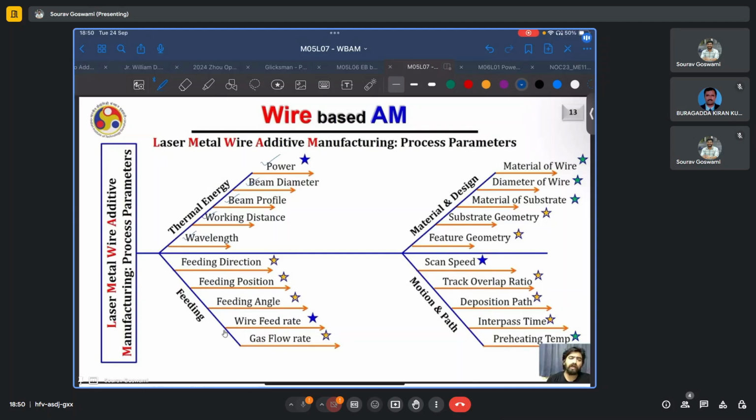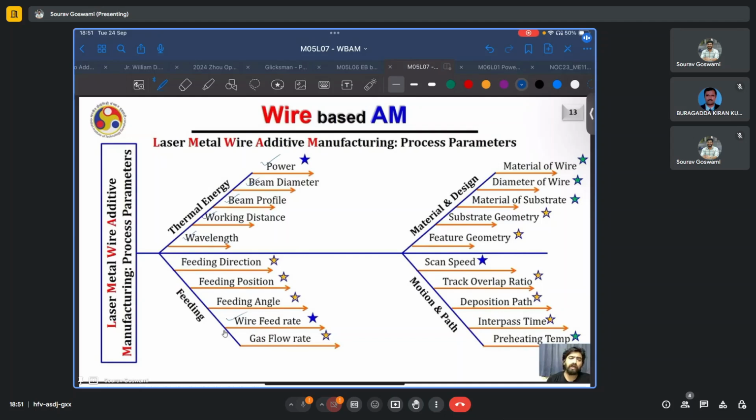The gas flow rate, while it is a parameter which can be controlled actively, often you have a cutoff value, say 10,000 milliliter per minute to 30,000 milliliter per minute, or 10 to 30 liter per minute, is a good number for printing using such processes. The wire feed rate, however, is a parameter which we can actively change to influence the deposition rate as well as the type of bead that is getting deposited.